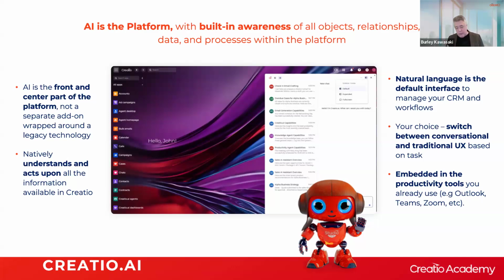What I mean by that is Creatio AI now has a native understanding of anything and everything inside Creatio. That means you don't have to connect it in so that it understands certain objects or workflows. By default, it understands any object, any workflow, anything in our apps or anything custom in any of your apps. So it is pervasively able to act upon and understand information, which is really powerful.